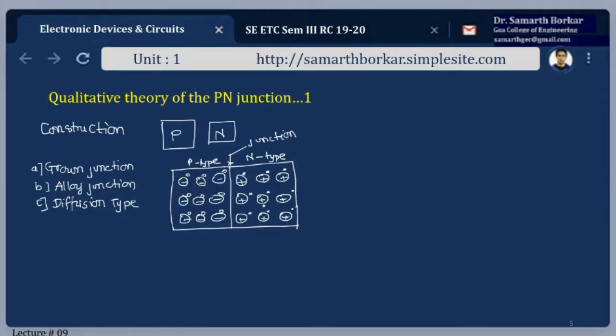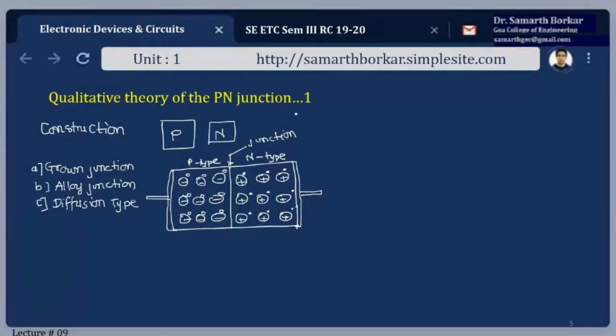Now, what is the difference between a PN junction and a PN junction diode? What you see on the screen right now is a PN junction. If we apply a metallic contact here, then it is referred to as a PN diode.